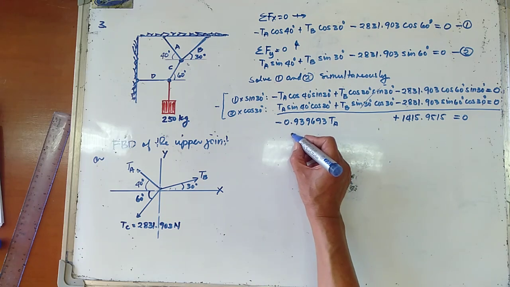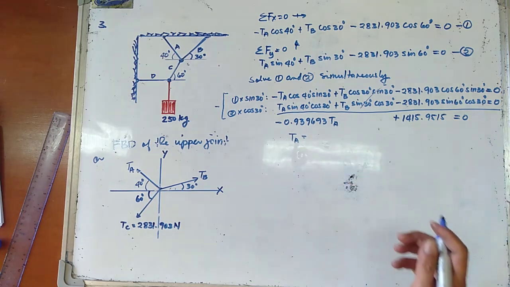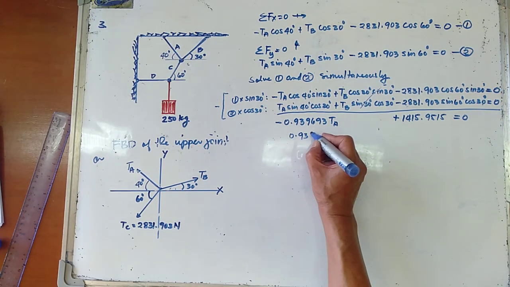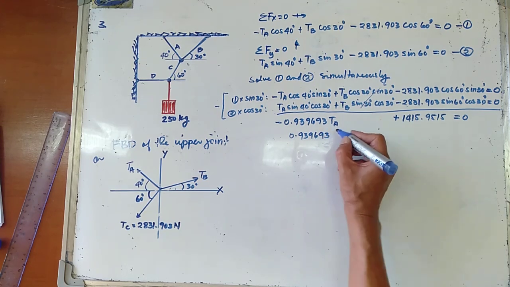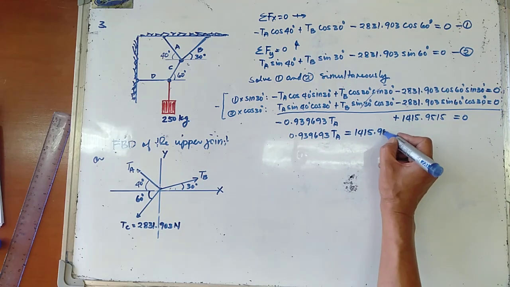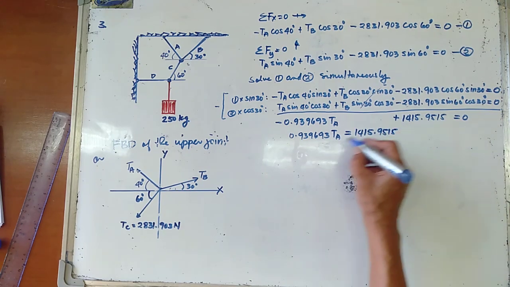Hence, 0.939693 TA is equal to 1415.9515.